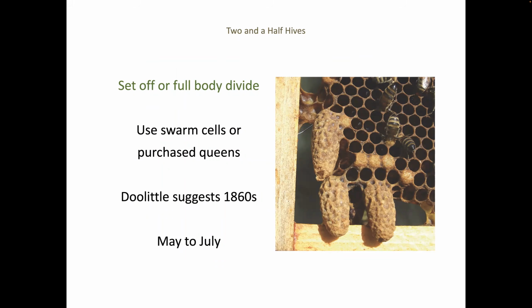Now, I've written about having 2.5 hives for a number of years, and I've given many lectures on it. I may have given some there in California. And so you have 2 colonies and you use increase frames, whatever method you want to use, and swarm cells or supersedure cells. Here are 3 very nice Russian stock queen cells.